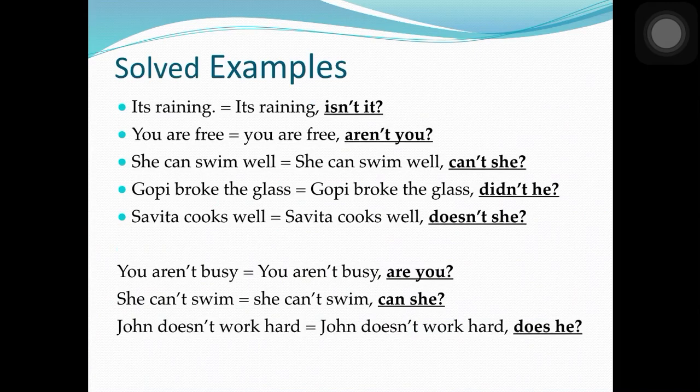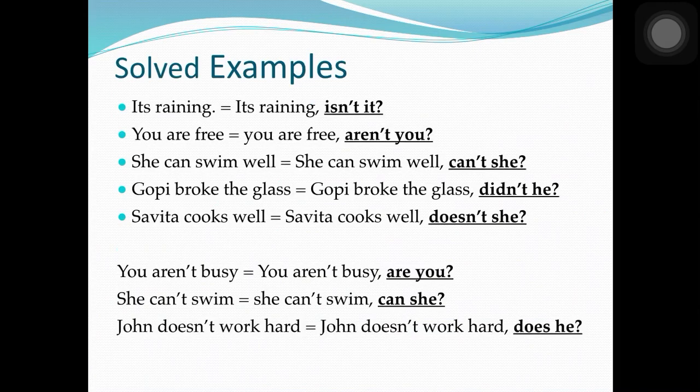Aren't you? Right? You is the pronoun which is kept like that. She can swim well. The pronoun she, you can see in the tag, remains the same, and can becomes can't. Similarly, Gopi broke the glass, didn't he? Savita cooks well, doesn't she?